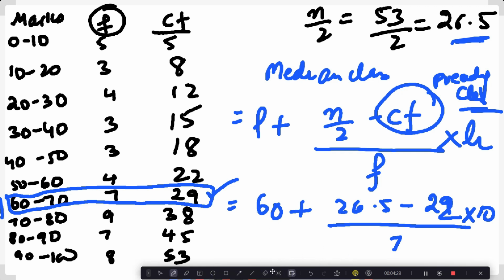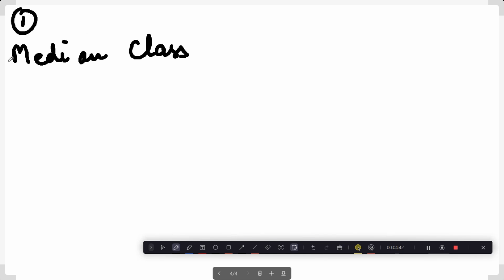Just to make things clear again, what is the median? First step is to find n by 2. Second step is to find the median class, which is closest to this n by 2.